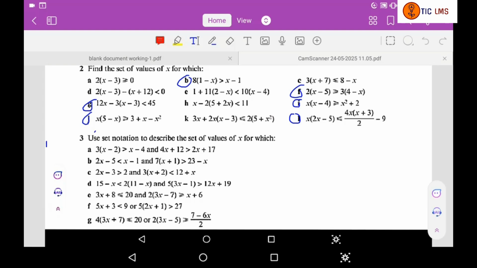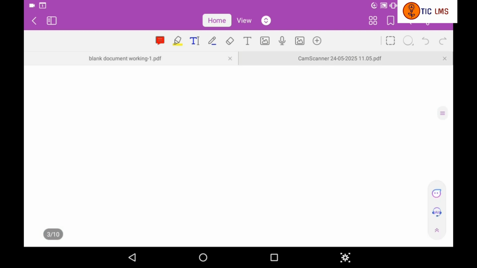We have to find the set of values of x for which 8 into bracket 1 minus x close the bracket is greater than x minus 1. Alright, so let's jump into it. So here we have 8 into brackets 1 minus x greater than x minus 1.